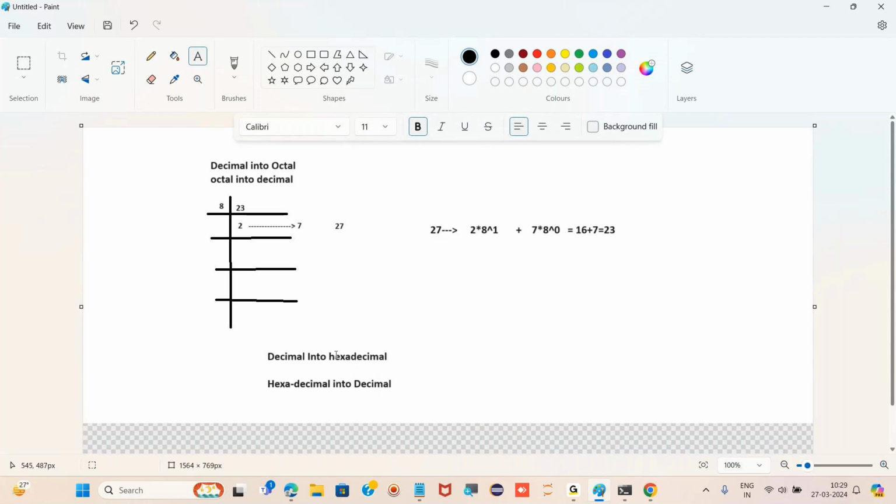Now how can we do this? Before this we have seen the conversion of decimal into octal, octal into hexadecimal. Now we are going to see the conversion of decimal into hexadecimal, similarly hexadecimal into decimal. So how can we do these things?